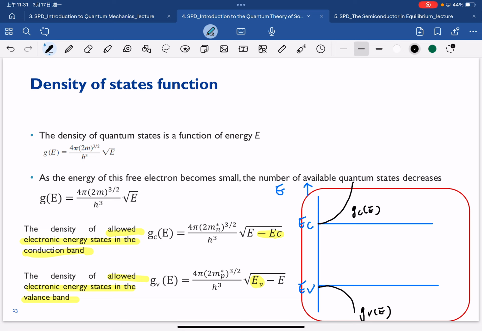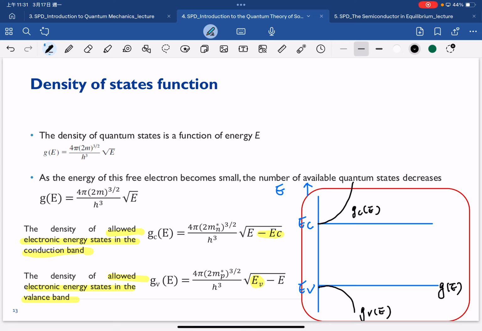So the function can become like here, because when E is equal to EC, this will become 0, right? When E becomes EV, this will become 0. So this is 0, and this axis is G(E). The derivation of this equation is not that important, but understanding this equation is more important.